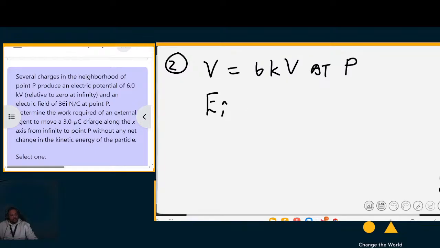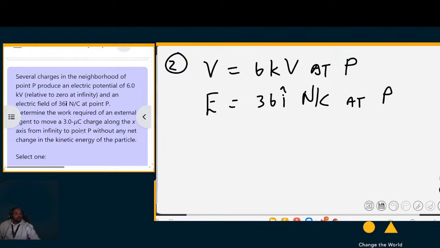Let's just say there's an electric field that is 36 newtons per coulomb in the i-hat direction. This is at point P as well.